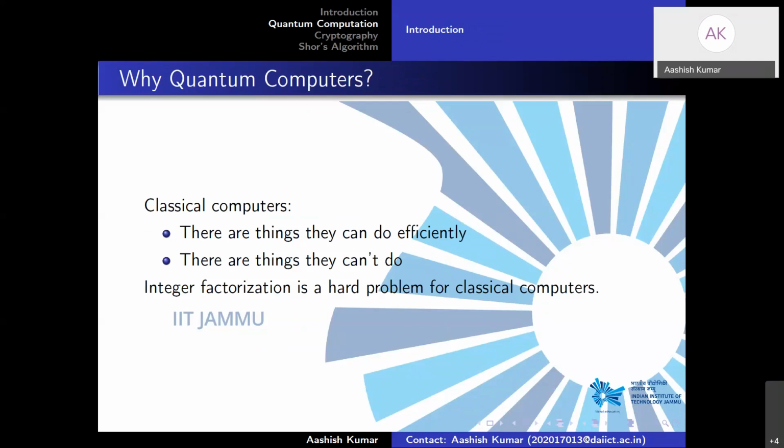For example, our phones and laptops, the internet that we are using, and the talks we do over long distances through these devices. But considering all this efficiency and help that these computers provide us, there are still some things that classical computers are unable to do efficiently. And integer factorization is one of those problems.